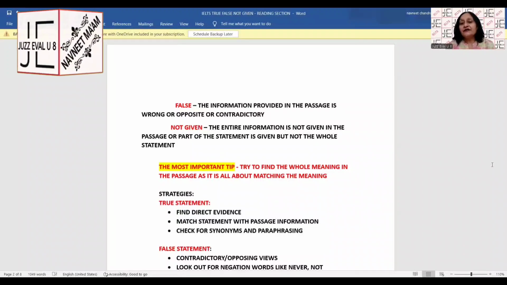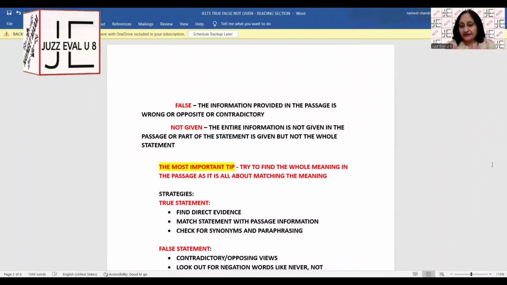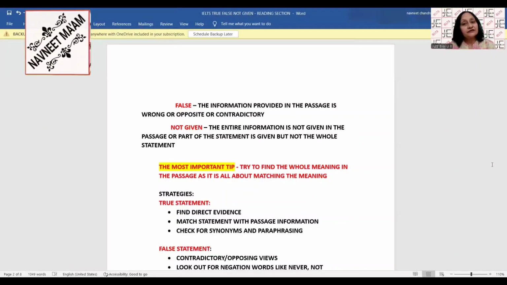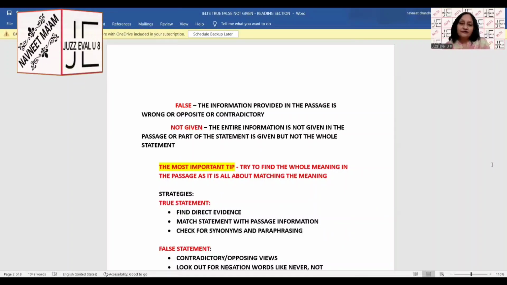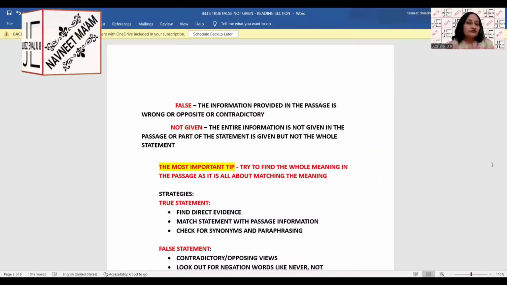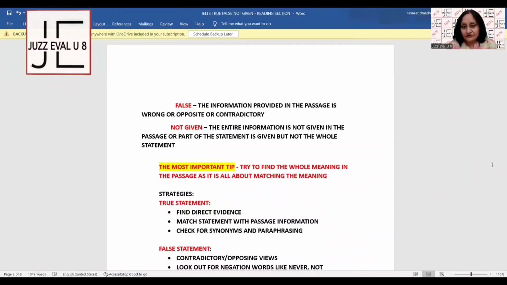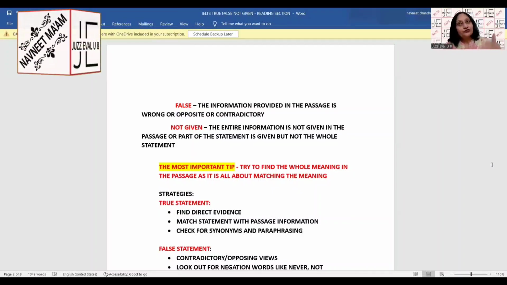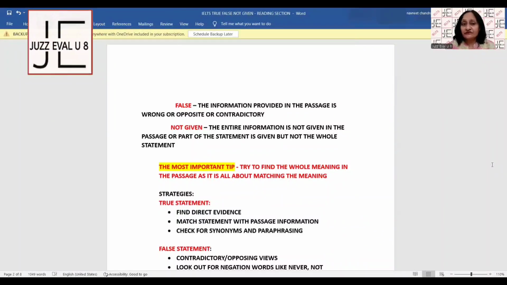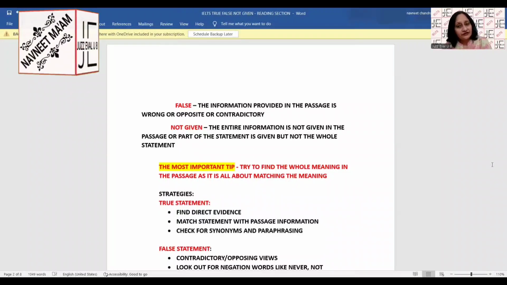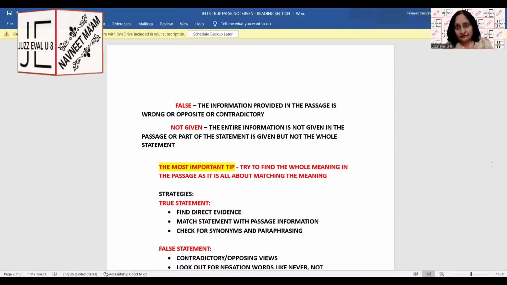And what's the most important tip? Try to find the whole meaning in the passage, as it is all about matching the meaning. So match the meaning of the question with the meaning in the passage. Now, should you read the entire passage? No, it'll be just a waste of time. Read the questions, especially in true and false.